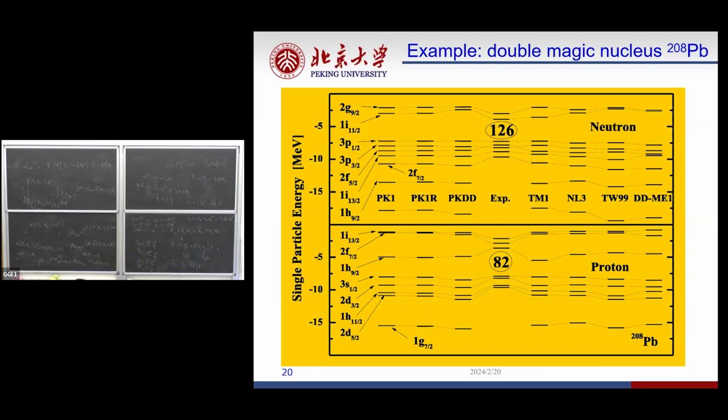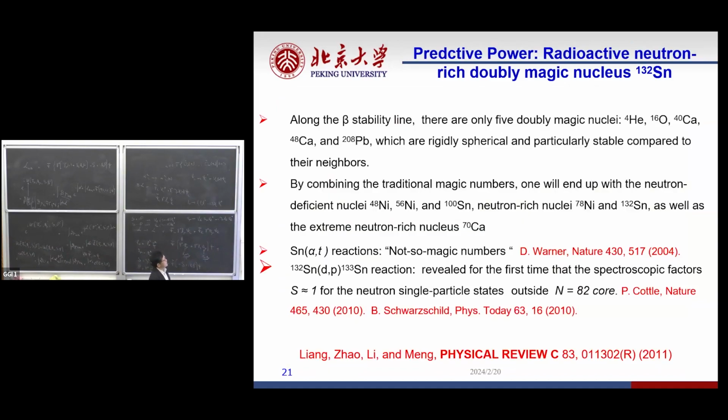And then, of course, lead-208 is always used in the constraint of the density functional. So we would like to see what the predictive power is, how it can be used to predict something we don't know.